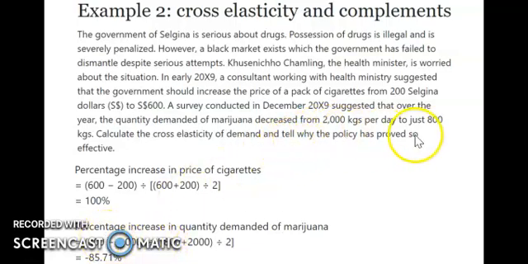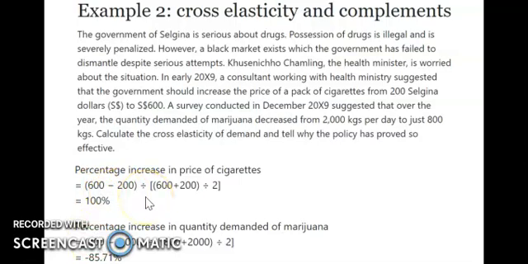It has changed from 2000 to 800. So Q2 minus Q1, that is 800 minus 2000, divided by 800 plus 2000, whole thing divided by 2, to find the percentage change. This is how it's done.